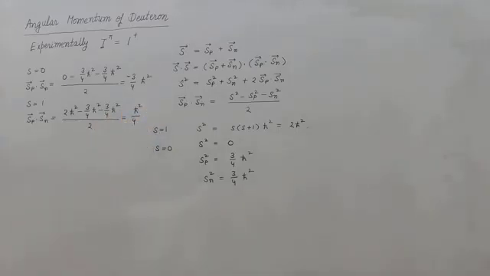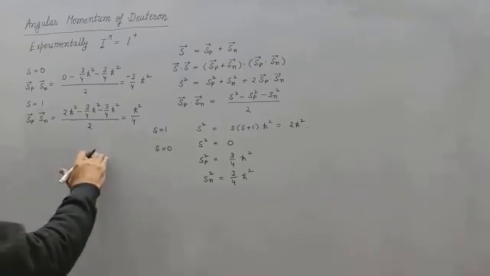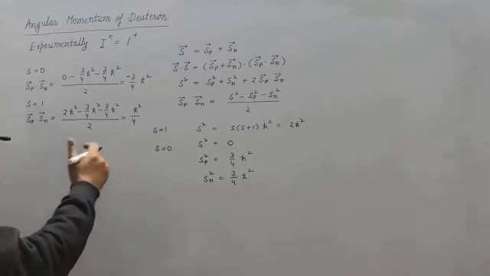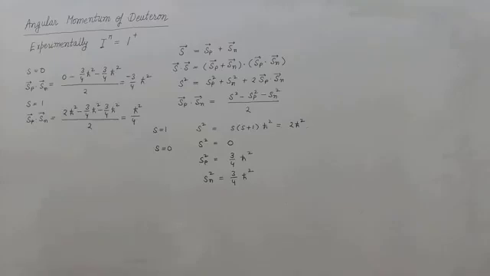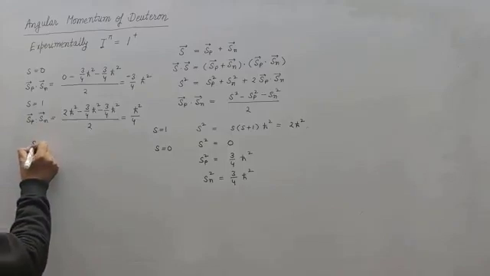Now if we want to construct an operator for which the depth of the potential well will increase for S equal to 1, and the depth of the potential well will decrease for S equal to 0, then the best choice we have is the spin exchange operator.